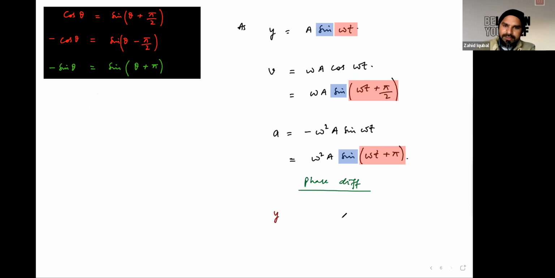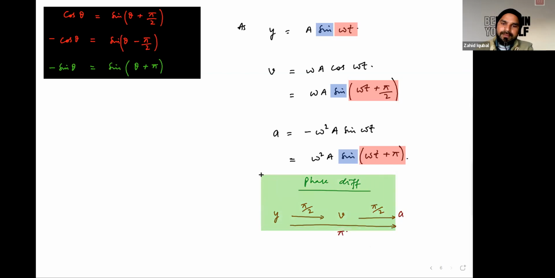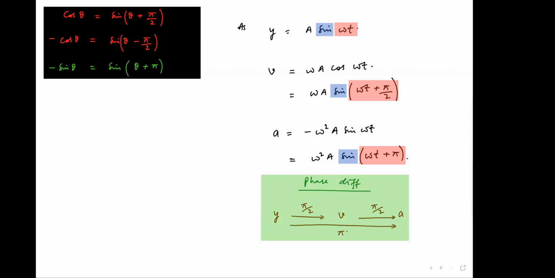This is displacement, velocity, and acceleration. Between these two parts, the phase difference is pi by 2. Between these two parts, the phase difference is pi by 2. And between this and this, the phase difference is pi. So just remember it. Khalid, any doubt? No, sir.